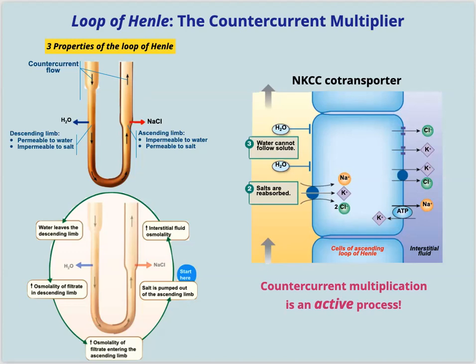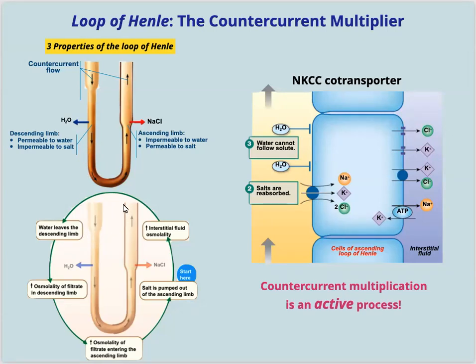Okay, and these properties establish a positive feedback cycle that uses the fluid flow to multiply the gradient. In other words, the more sodium chloride the ascending limb can extrude out of the lumen, the more water can diffuse out of the descending limb, and therefore the saltier the filtrate in the descending limb will become.